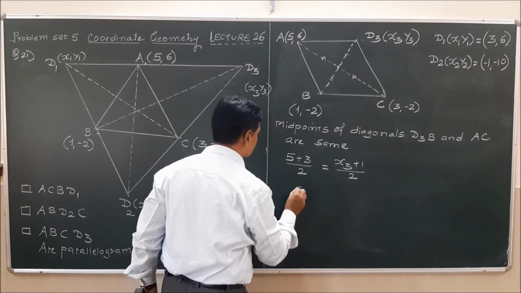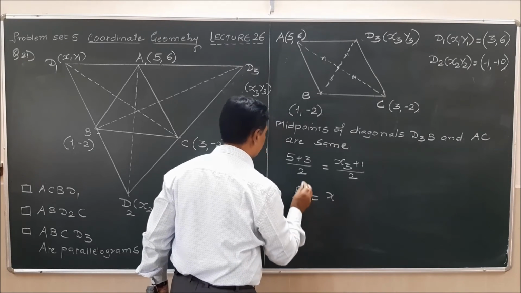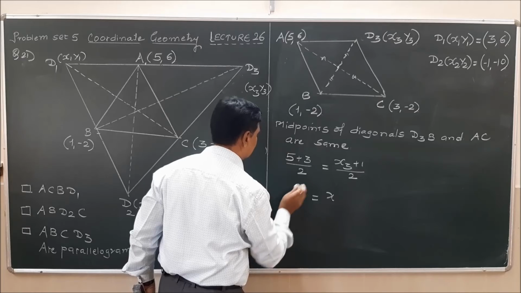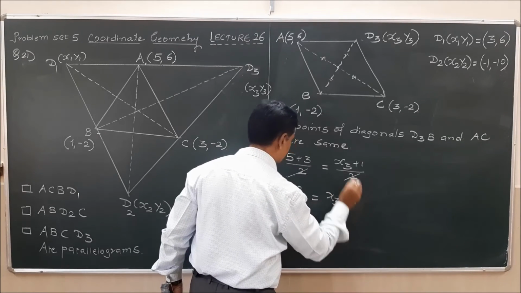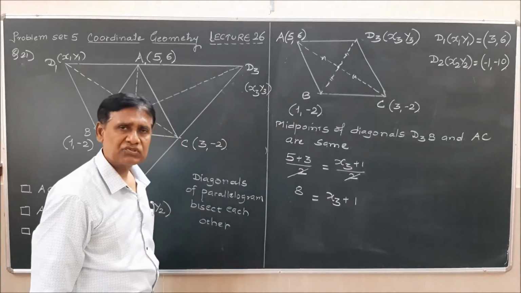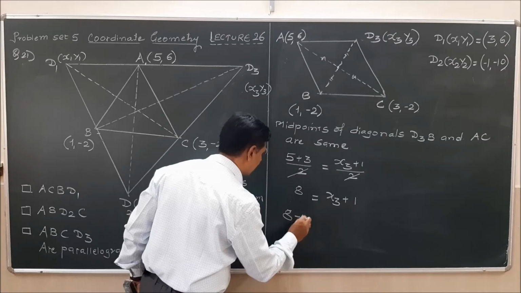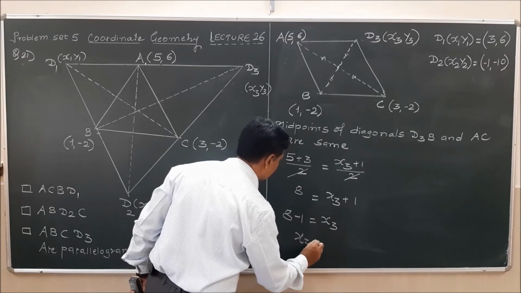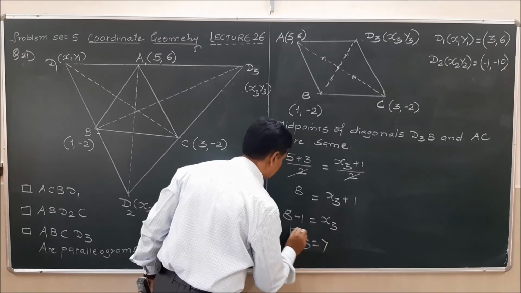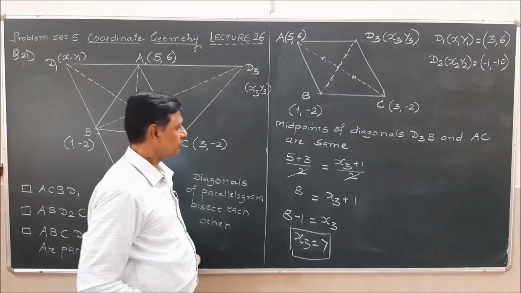That will give you 8 upon 2, so I'll cancel this here only. So x3 plus 1. Now if you transfer 1 to the left hand side, 8 minus 1 is x3. Therefore x3 is equal to 7.